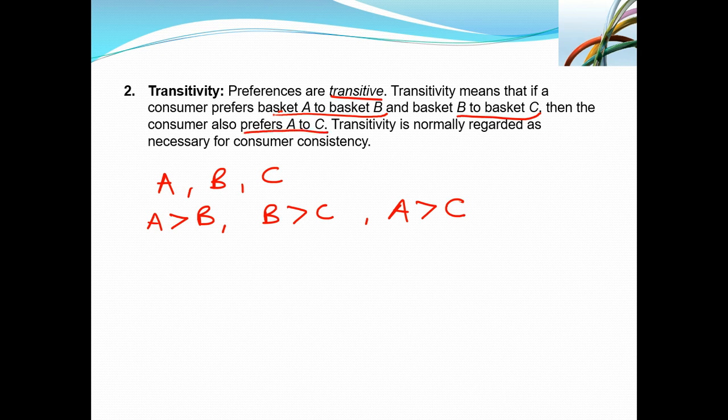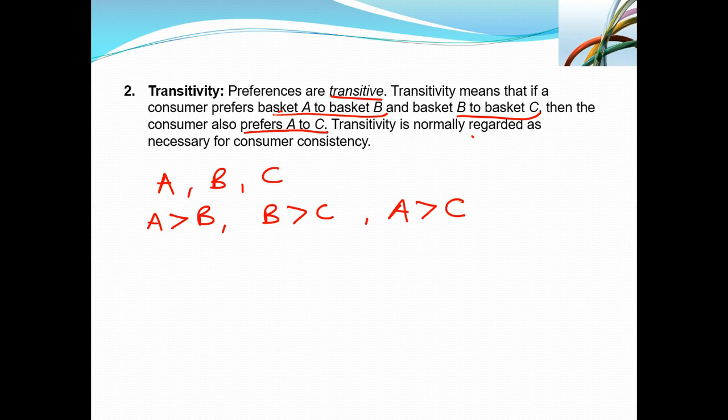In short, are these preferences consistent? Transitivity is normally regarded as necessary for consumer consistency. Are you consistent in your reporting?